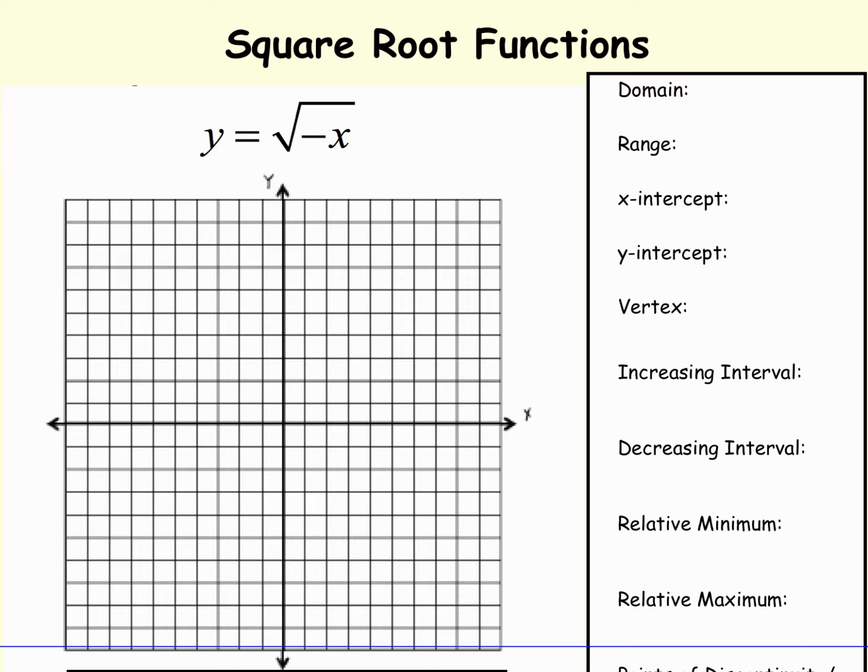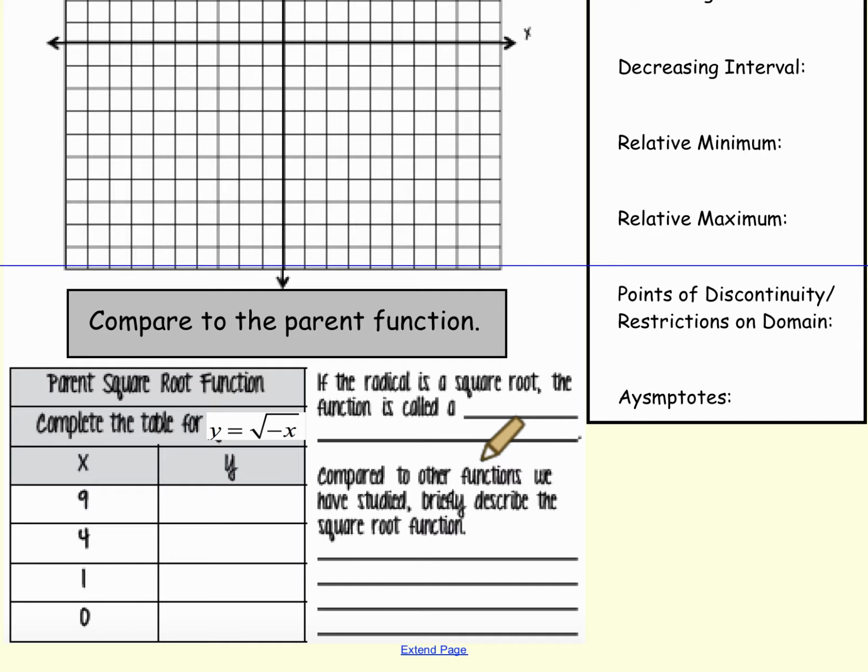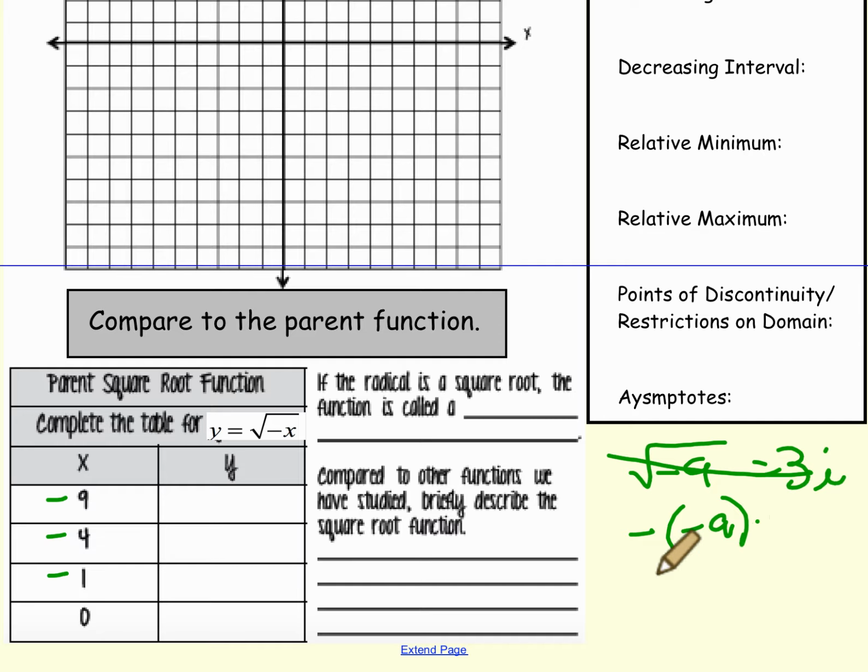Okay, now let's talk about this one, the square root of the opposite of x. So let's go ahead and look at functions. This time if I say, what's the square root of the opposite of 9? I would get 3i, which is not real. So instead of using these as inputs, I have to use their opposites, because the opposite of -9 is 9, and I can take the square root of that.